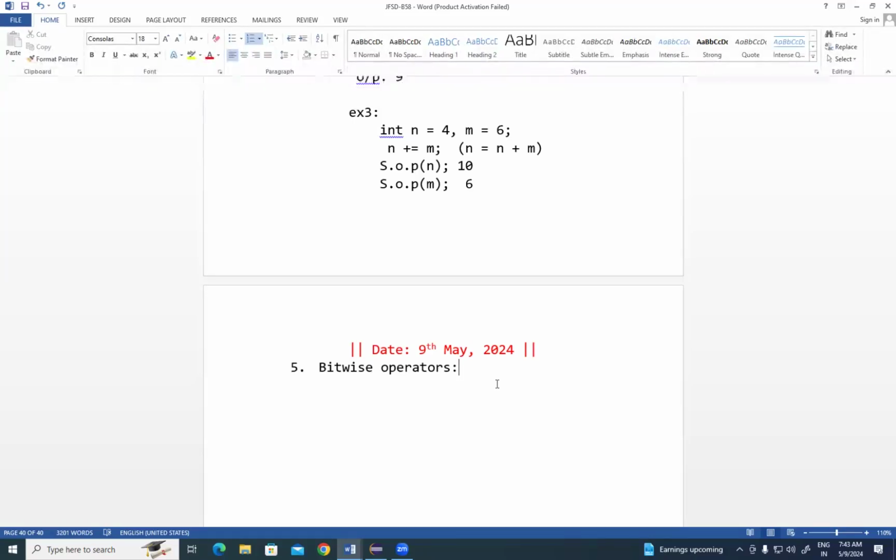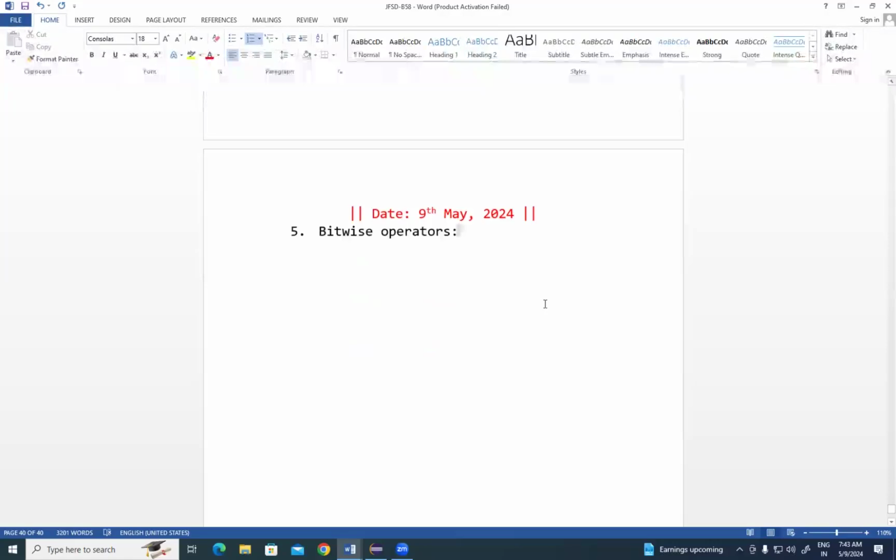So what I'm trying to say, folks, about bitwise operators: who will use bitwise operators?